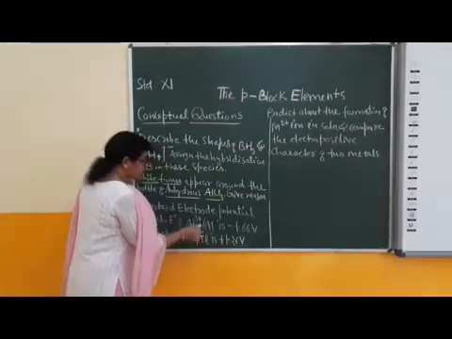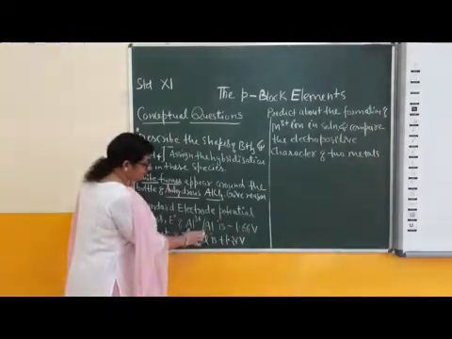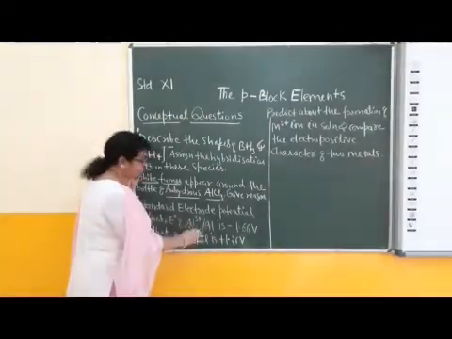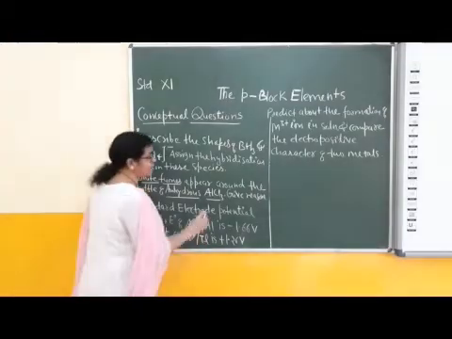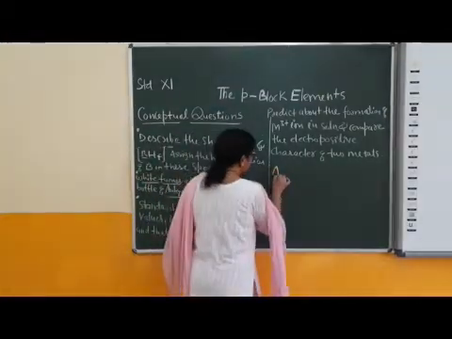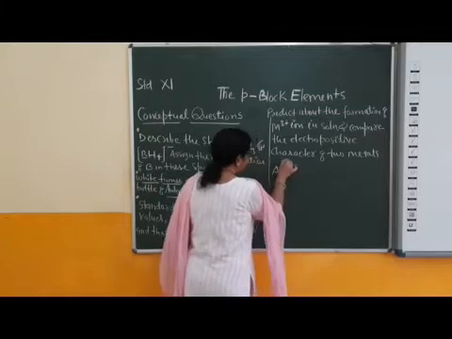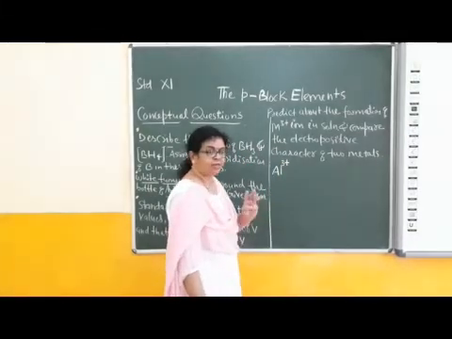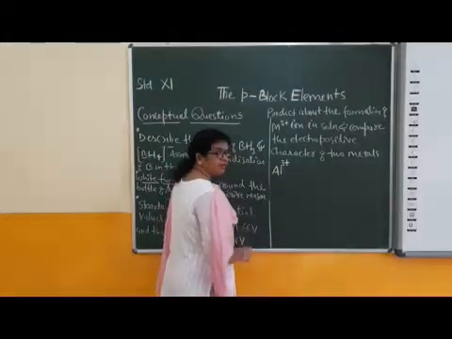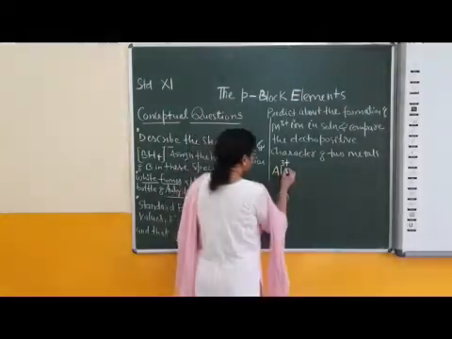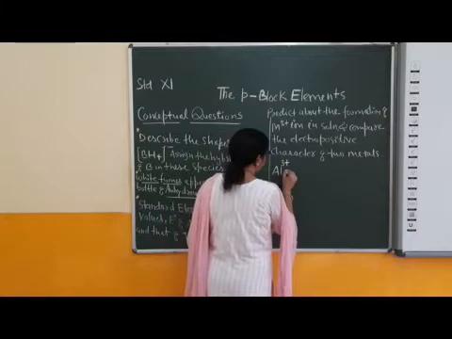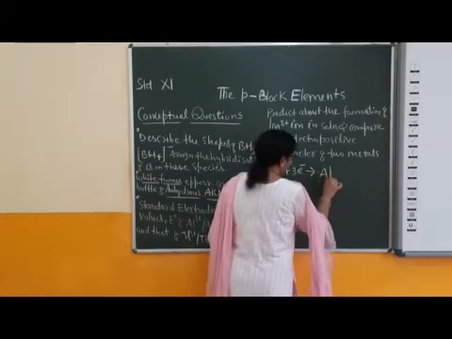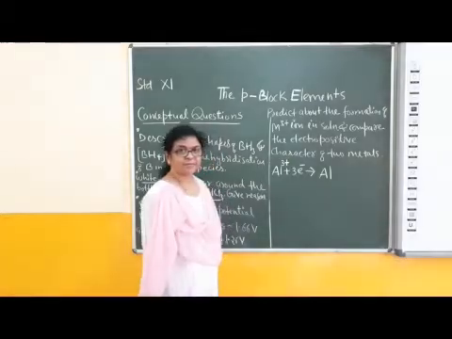This pair of aluminium is showing reduction of aluminium ion to aluminium metal like this. In terms of reaction equation, aluminium 3+ ions. How many moles of electrons are required? 3, because this is a tripositive ion. Like this, 3 moles of electrons, then reduction into aluminium metal.